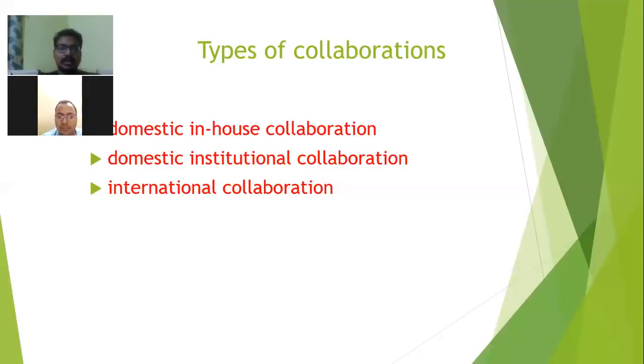But overall, from a generalized perspective, the kind of infrastructure that private colleges have is not comparable with, say, the state universities, the central universities, or the IITs. So in each of these categories that I told you, the premier institutes, the NIT level institutes, the central level institutes, the state level institutes and the private institutes, the level of sophistication is very different, and so is the level of infrastructure.